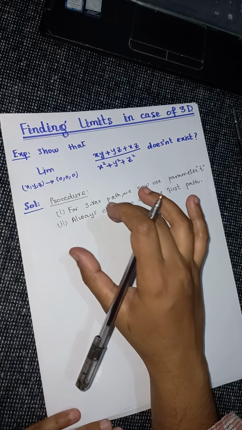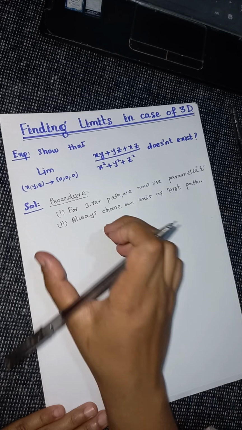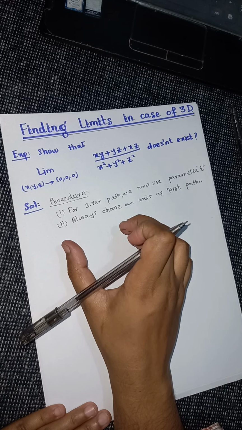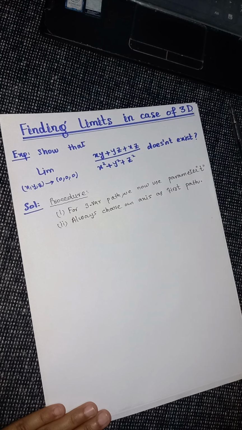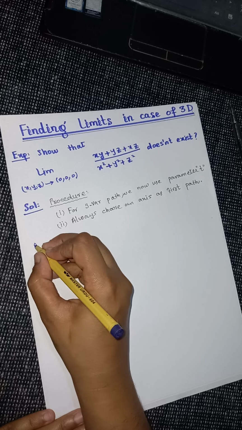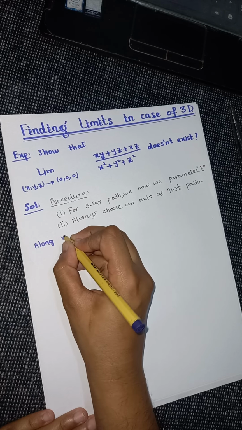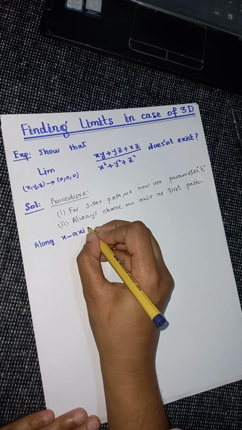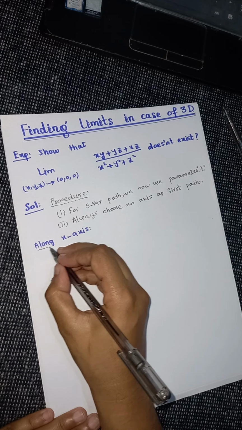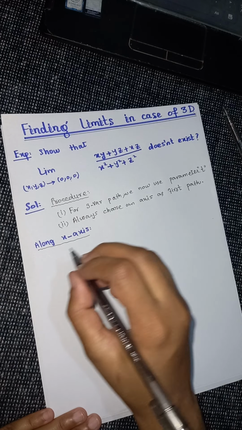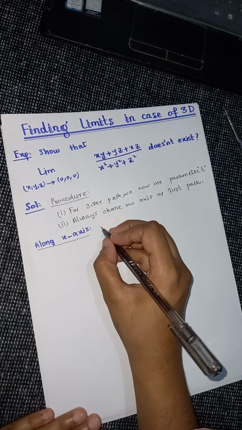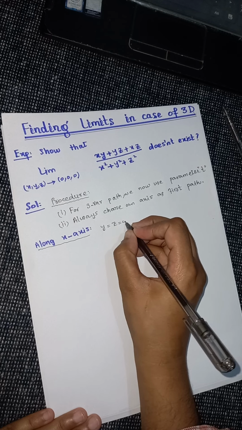By solving this particular example, first of all you have to choose the path along your axis. Along axis means first of all you have to choose along the x-axis. You know that if we choose along the x-axis, then on the x-axis y and z are 0.